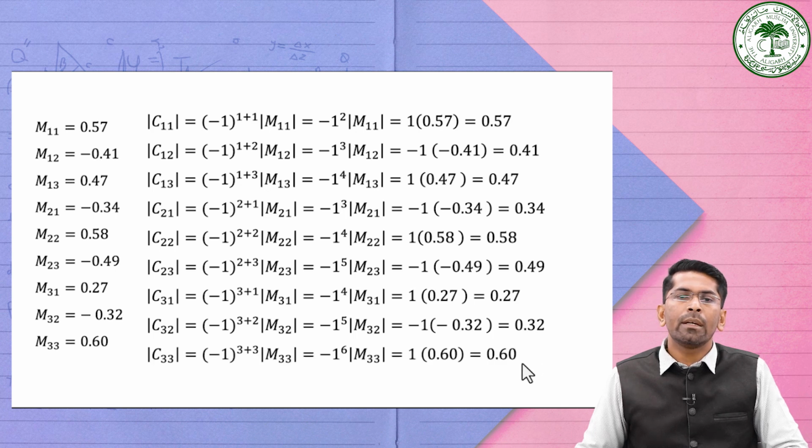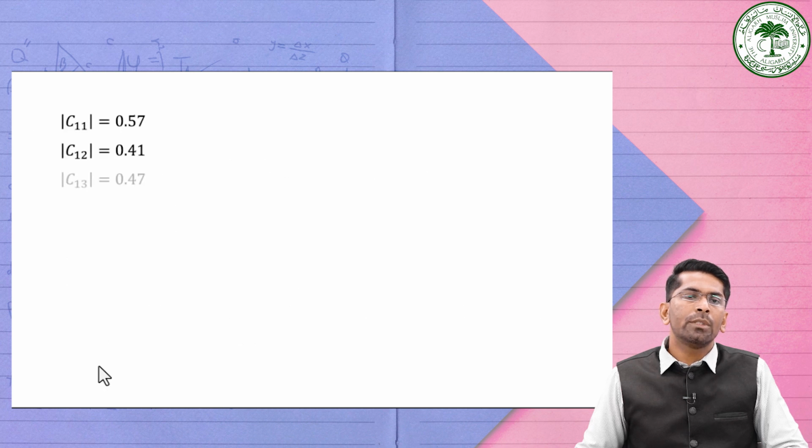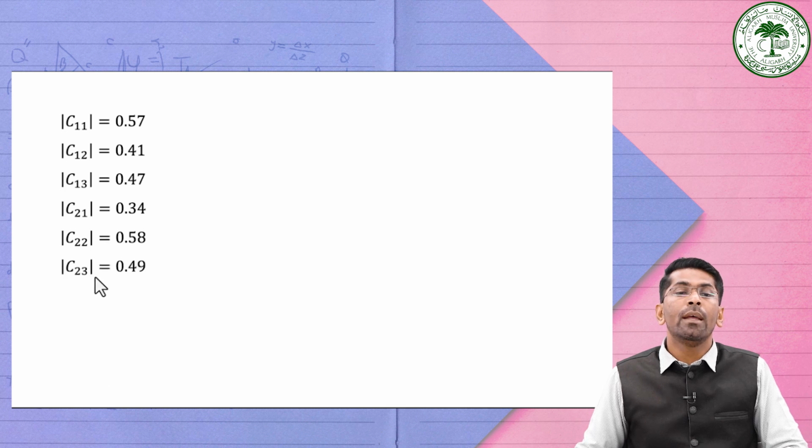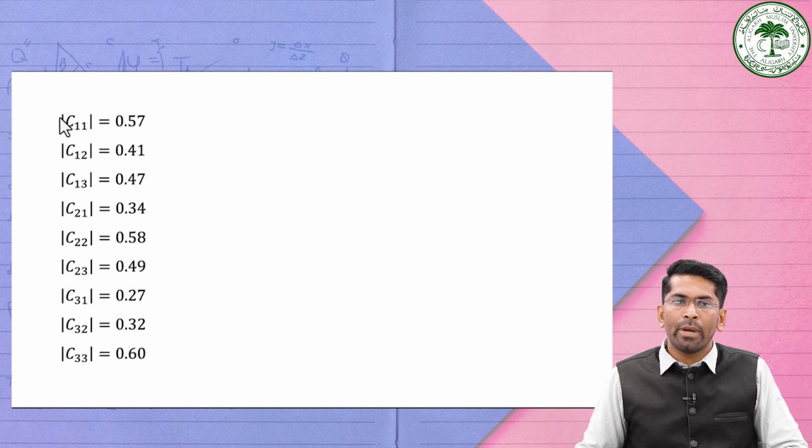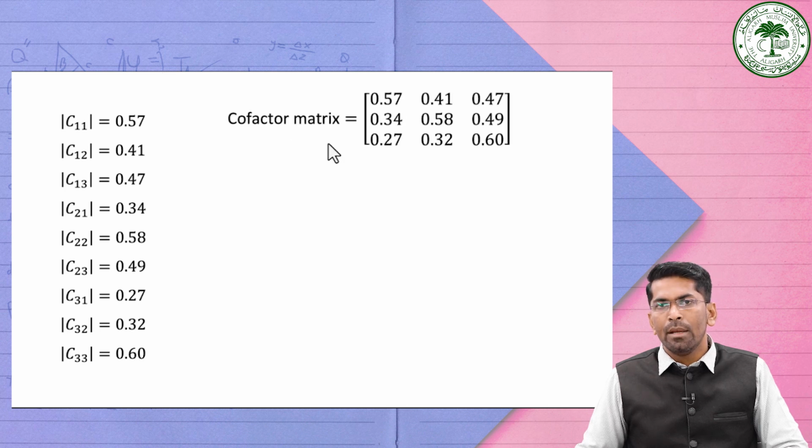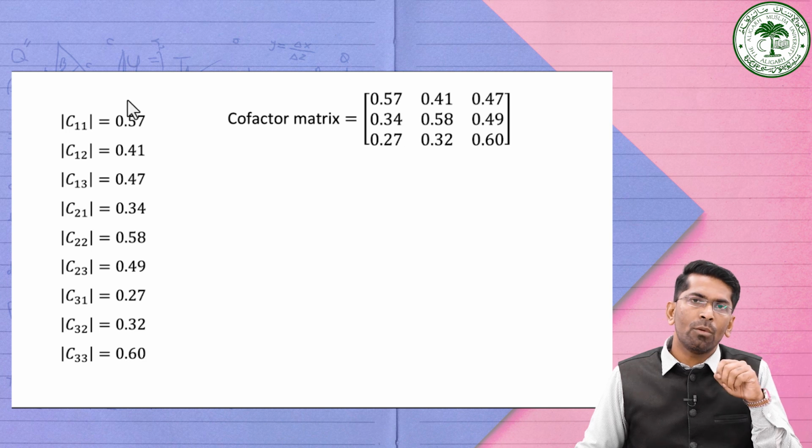We have calculated the 9 cofactors corresponding to each minor. So I am writing the cofactors separately here: C11, C12, C13, C21, C22, C23, C31, C32, and C33. By using these cofactors, I am going to write the cofactor matrix here. We are going to replace the original matrix elements by the cofactor elements.